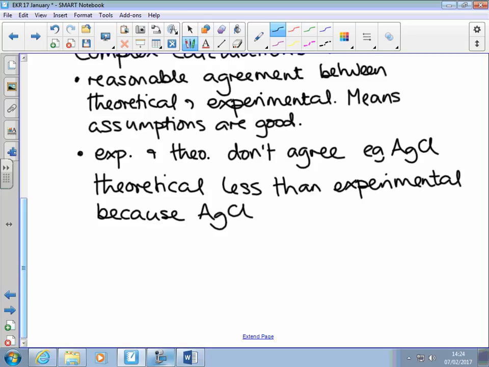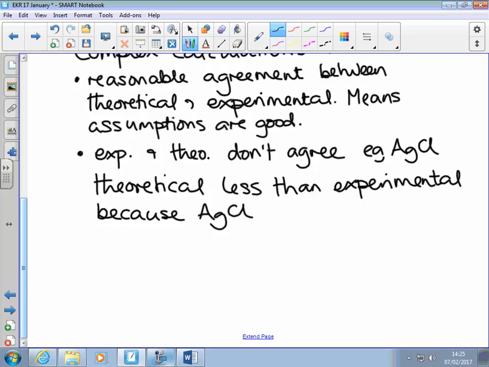There's not enough of a difference for it to be fully ionic, so there's a bit of covalent bonding, a bit of sharing and a bit of transfer. So making the assumption it's 100% ionic is inaccurate, and that's what the value can actually tell you. So it helps you to work stuff out.